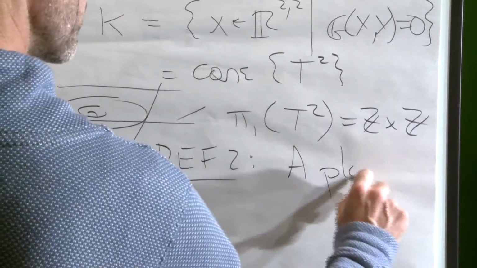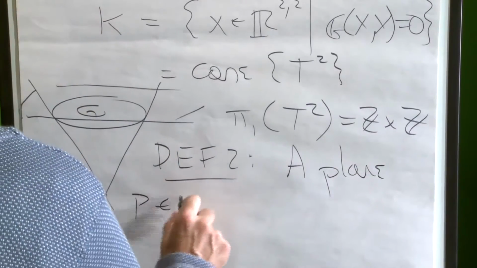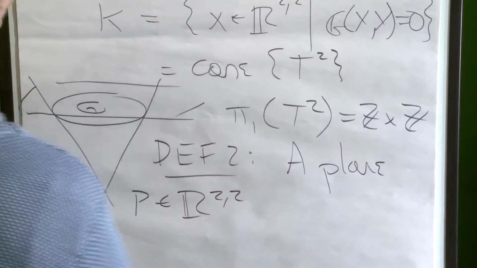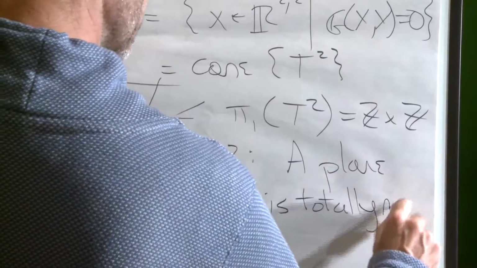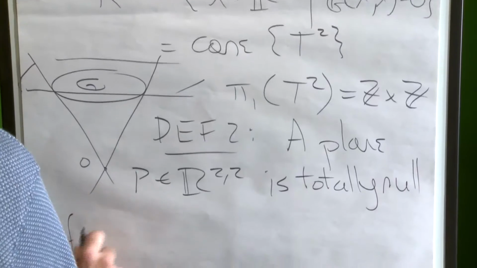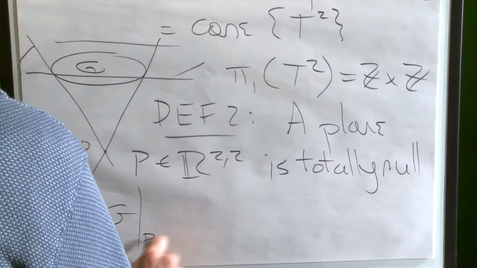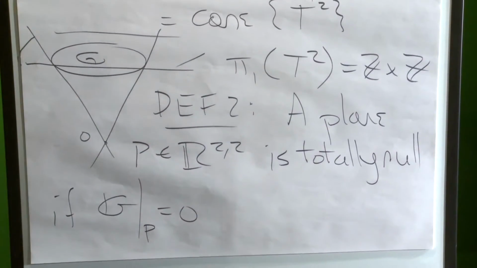So a plane P, an element of R2,2, is totally null, which is probably the phrase we'll use, if the metric restricted to that plane is identically 0.